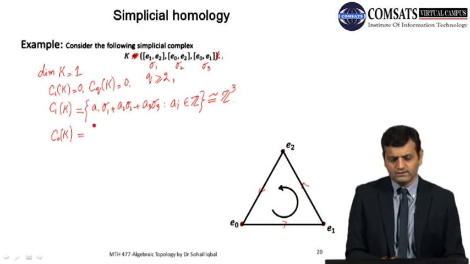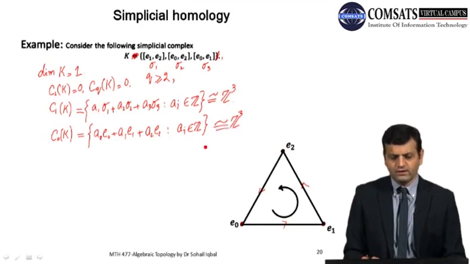So this is equal to A0 E0 plus A1 E1 plus A2 E2, where Ai belongs to Z. So this is isomorphic to Z^3, a free abelian group of rank 3.